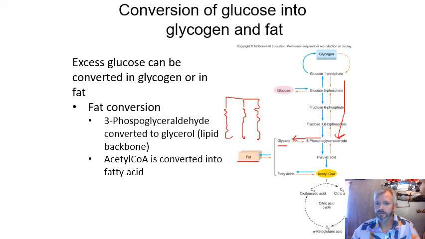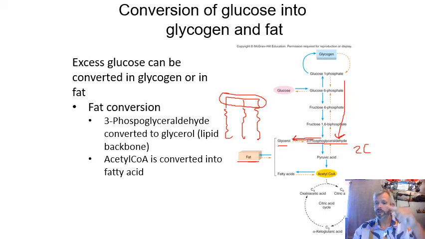So these products of glycolysis, instead of going into the citric acid cycle, because we already have the ATP needs met and glycogen stored away, we can store it away as fat. This product of glycolysis is used to make the 3-carbon backbone, and then acetyl-CoA. If you remember, acetyl-CoA is a 2-carbon molecule.